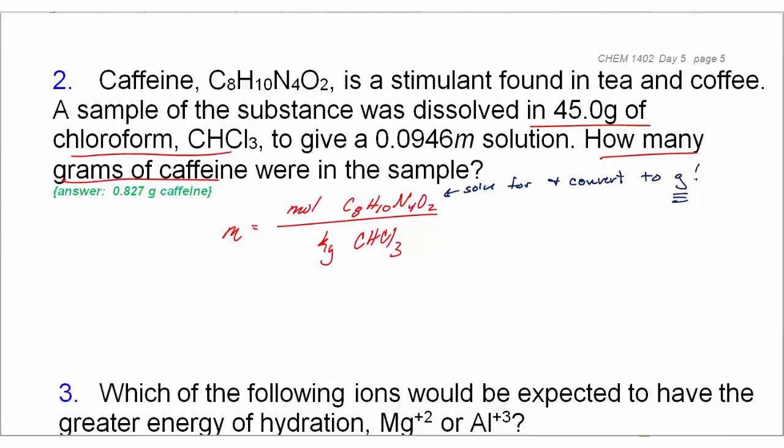We know that it's 0.0946 molality. We don't know the kilograms, but we know the grams of the solvent, and that's the same as 0.045 kilograms. You moved over 3 places.